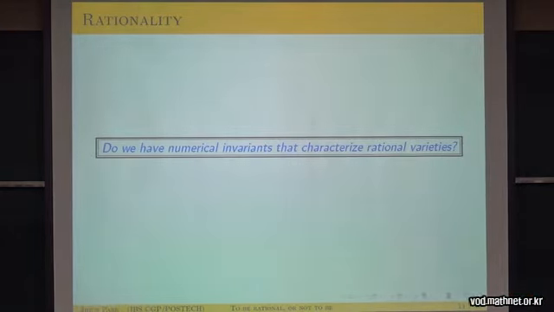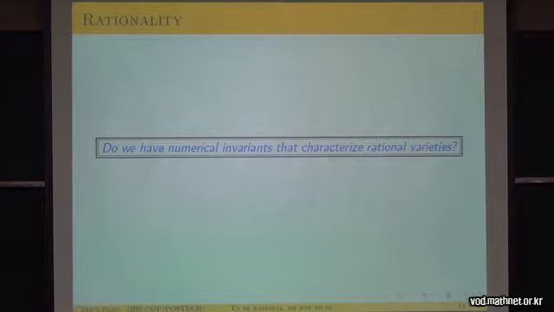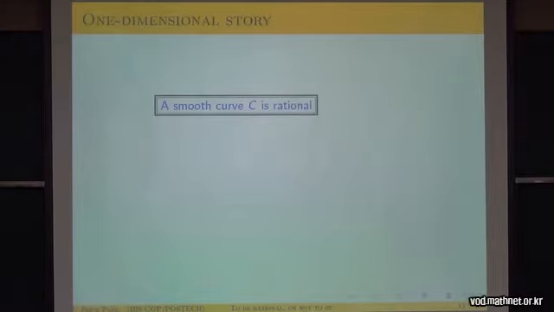All right, so let's consider this question. From calculus, our problem was the one-dimensional problem. We considered this one-dimensional object, curves. So it's a one-dimensional story here.